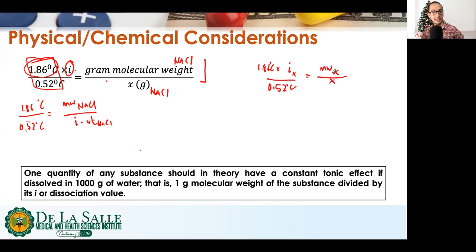For any substance, remember that this proportionality is true.